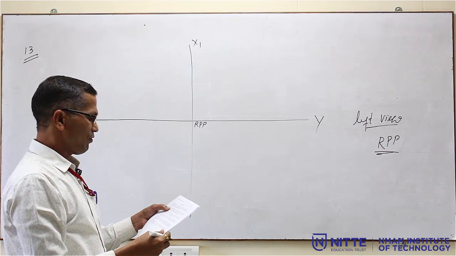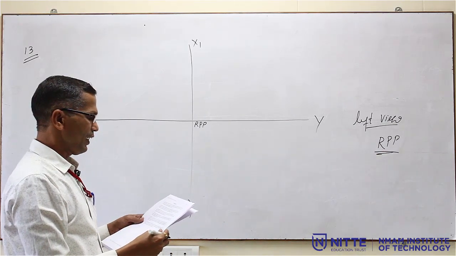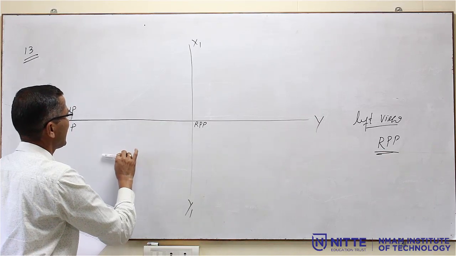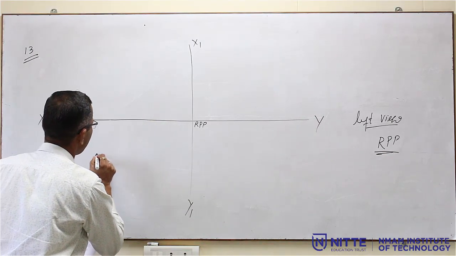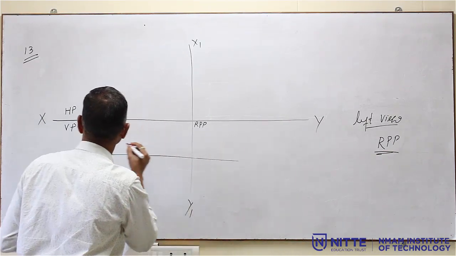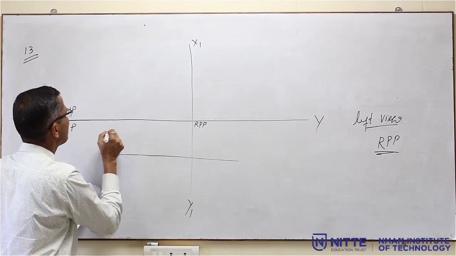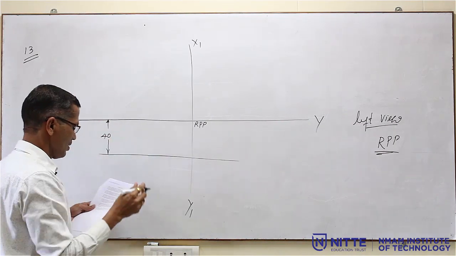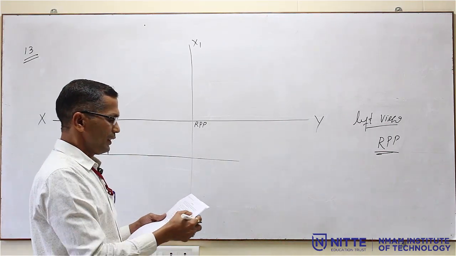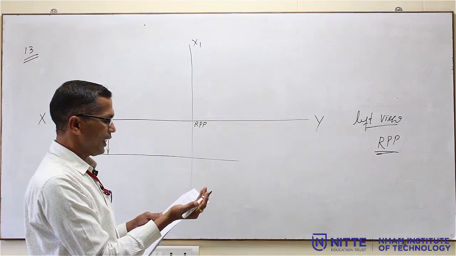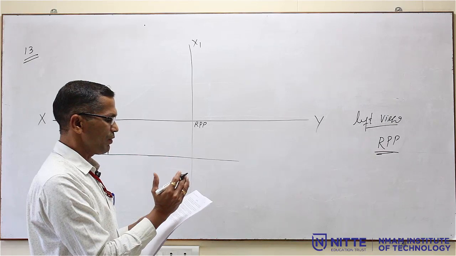The front and left views of a point is 40 mm below xy line. So, from this xy line we measure a distance of 40 mm and draw a light line. So, this distance is 40 mm. And it is at a distance of 30 mm and 20 mm on either side of x1 y1 line.